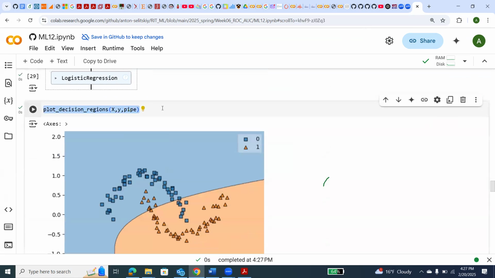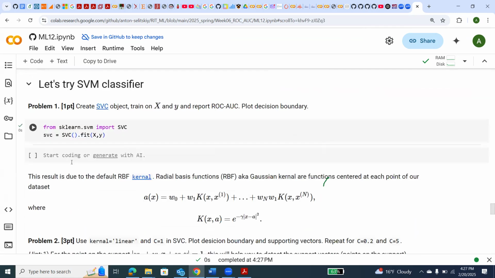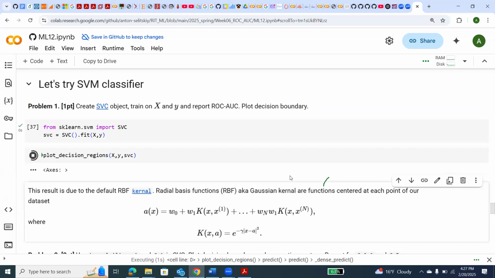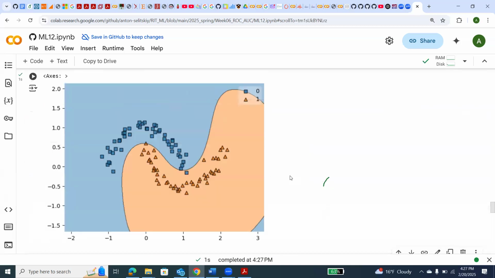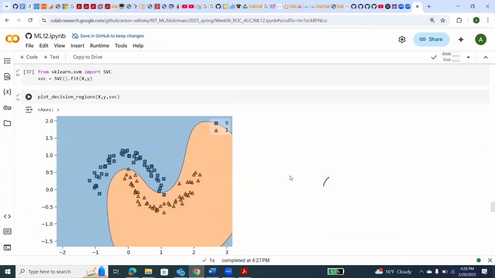Plot decision regions. And you can see that right from the box, this support vector machine works pretty good.